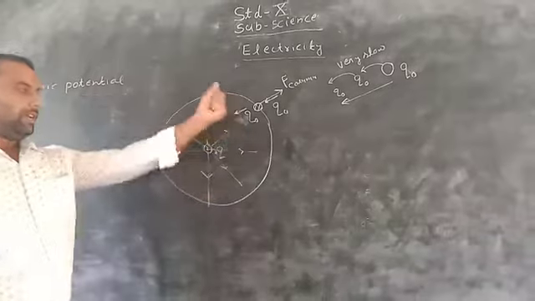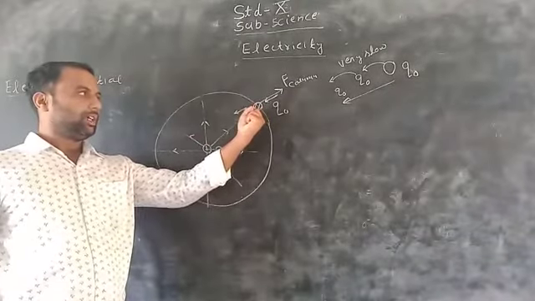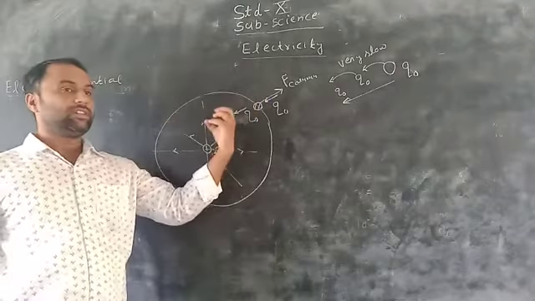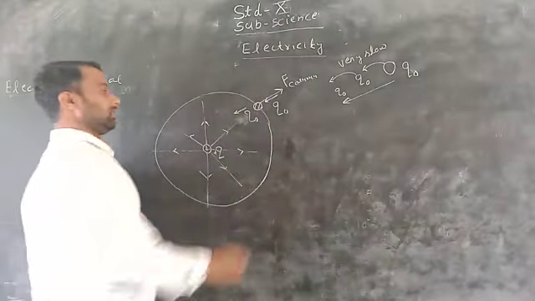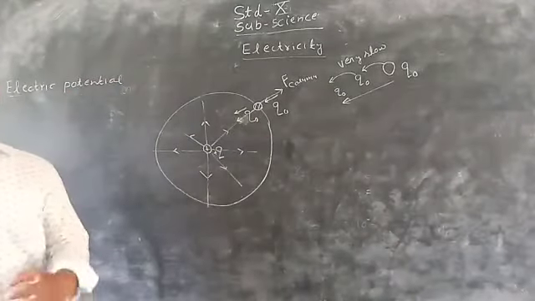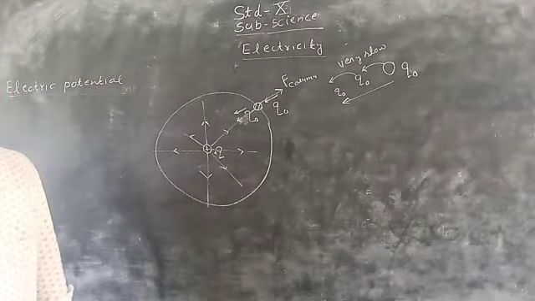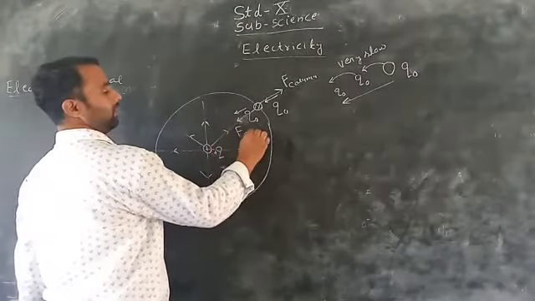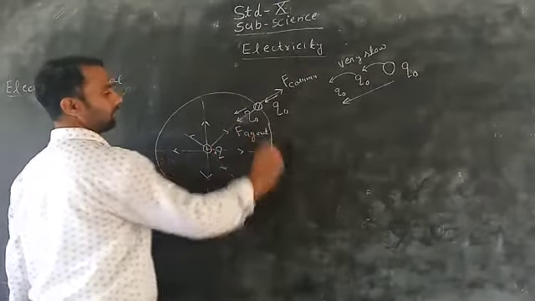And if we overcome this Coulomb force, an external agent is doing work to neutralize this force, and the external agent is acting with a net force.